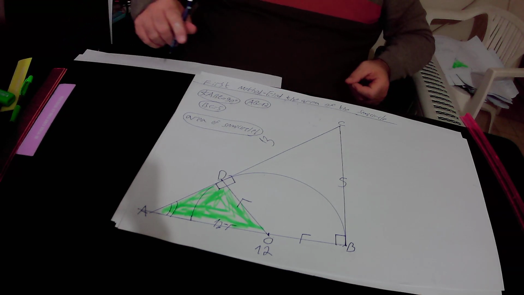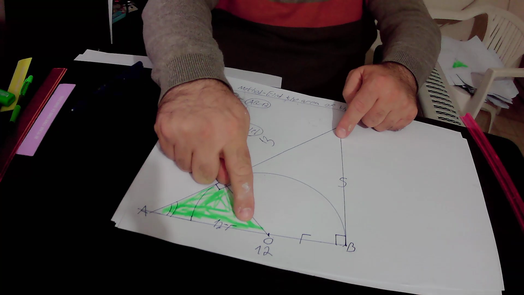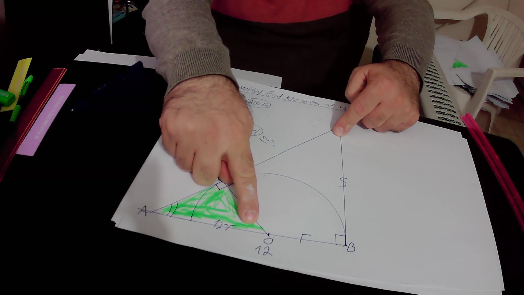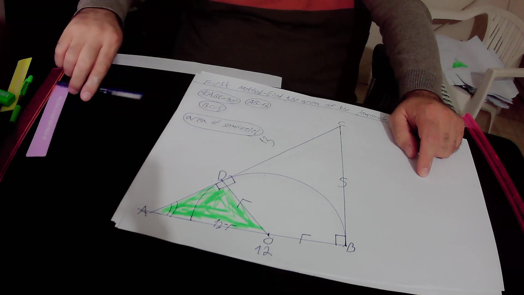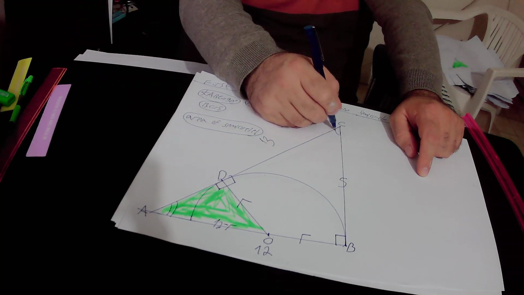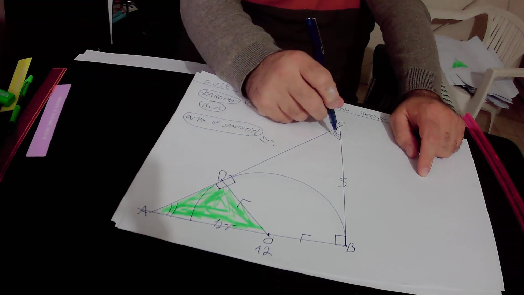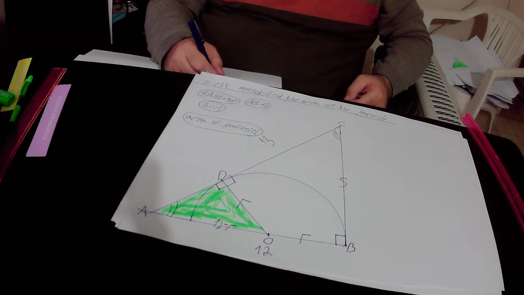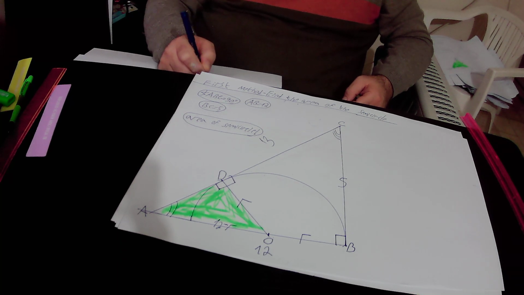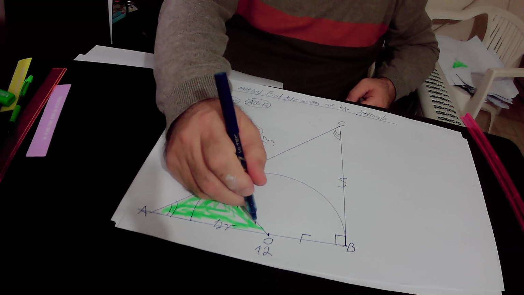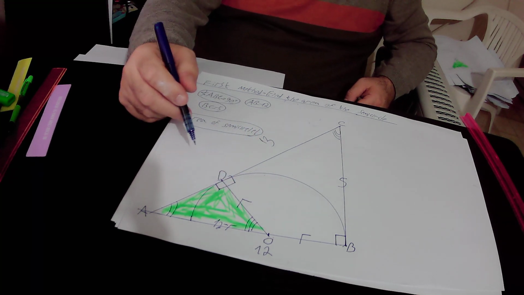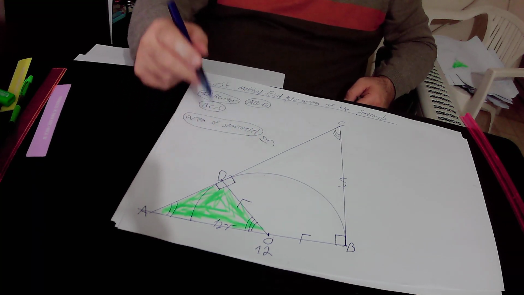And those two angles are also equal to each other according to the third angle theorem. So this angle is angle ACB in triangle ABC, and it equals this angle, that is actually angle AOD in the green triangle.